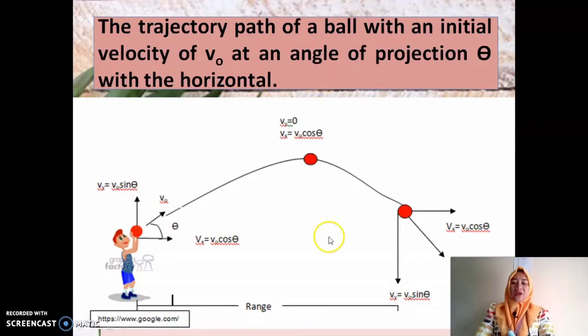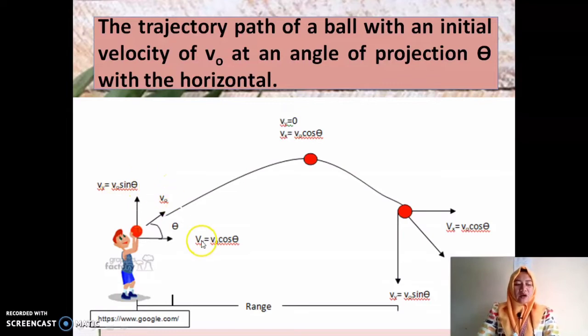This figure here shows the trajectory path of a ball with an initial velocity of v sub 0 at an angle of projection theta with the horizontal. The vertical velocity, v sub y, of this ball from this position is equal to initial velocity times the sine of the angle.